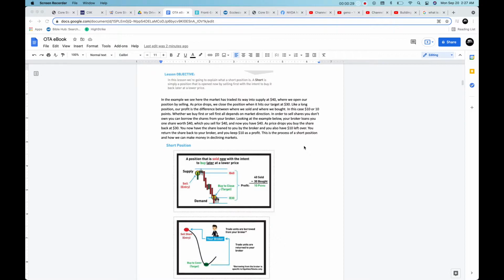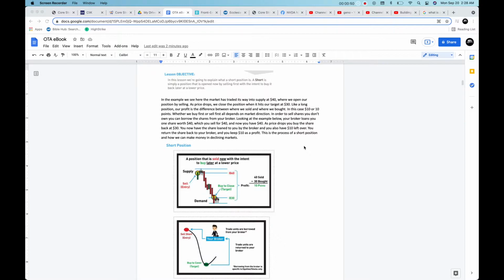As price drops, we close the position when it hits our target at $30. Like a long position, our profit is the difference between where we sold and where we bought. In this case, it's $10 or 10 points for profit.